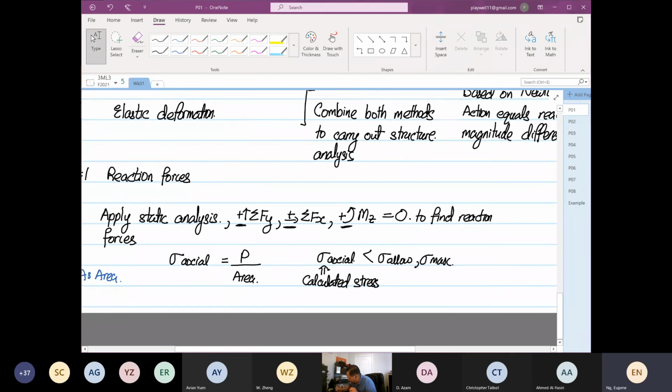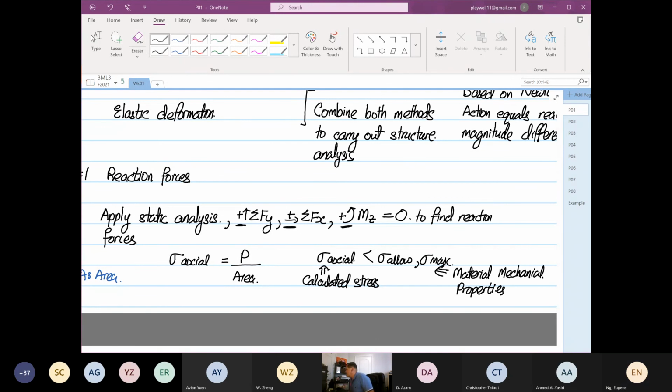The allowable and the maximum are determined by the material mechanical properties. Okay, mechanical material properties. Okay, any questions so far?